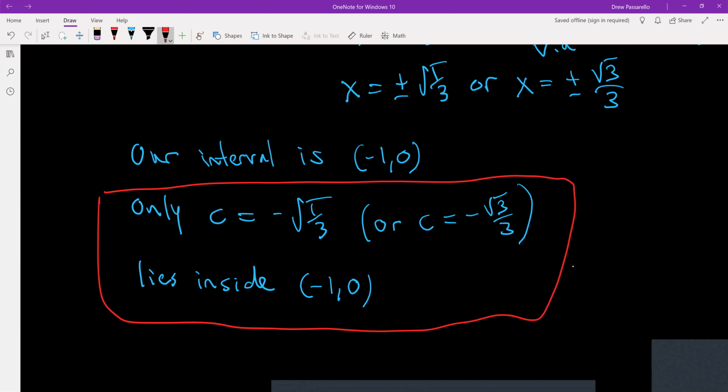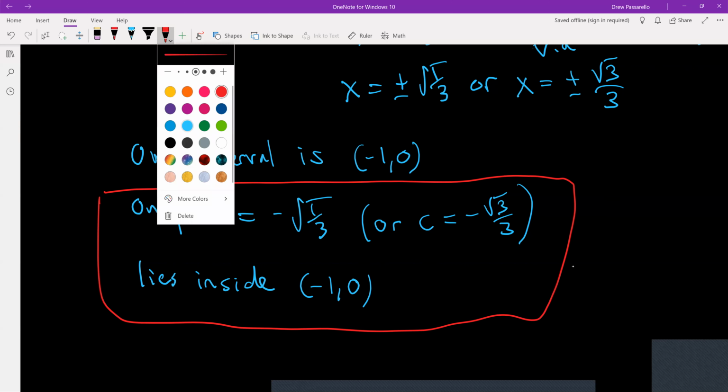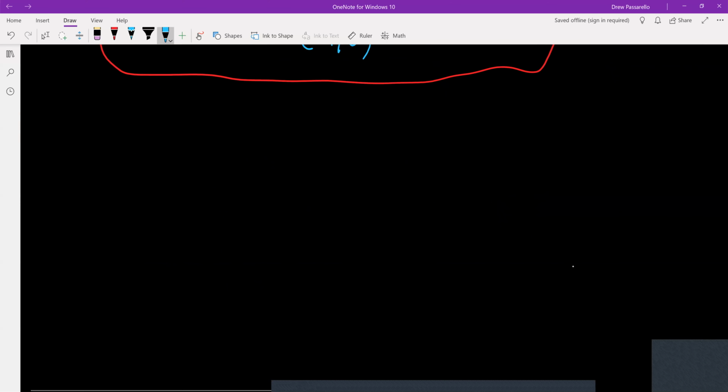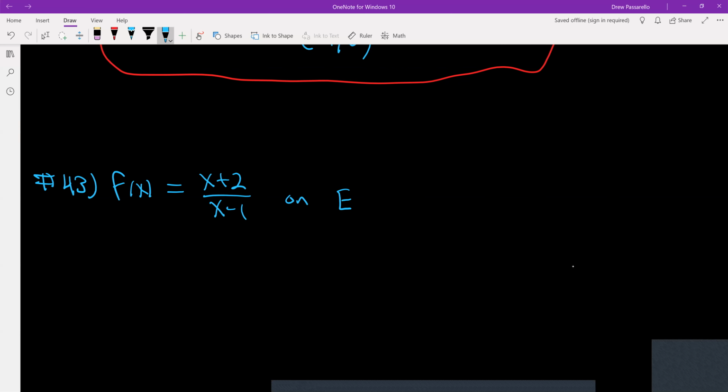This next one's number 43. It's going to be the last example. Okay, so our closed interval is -3 to 3.